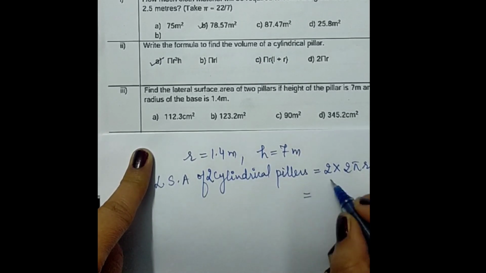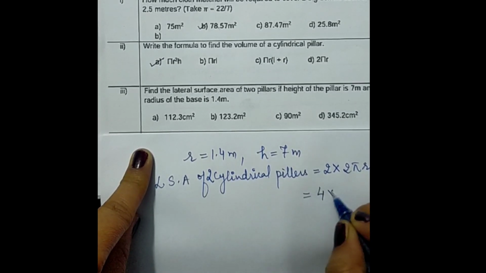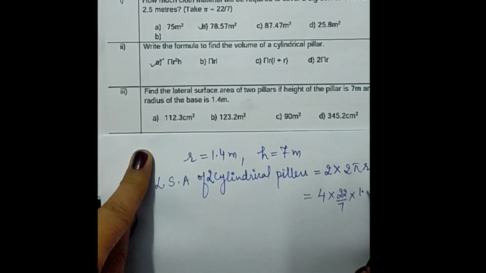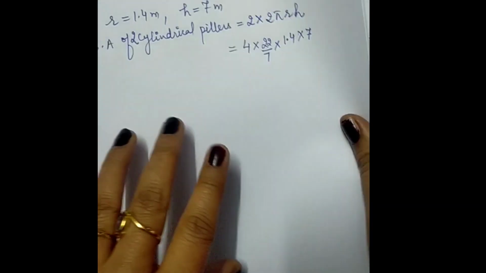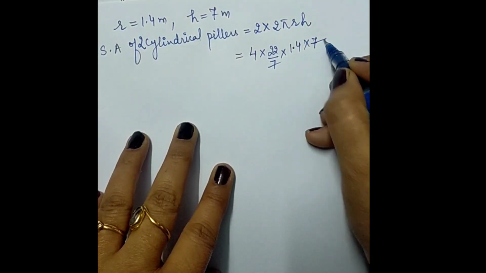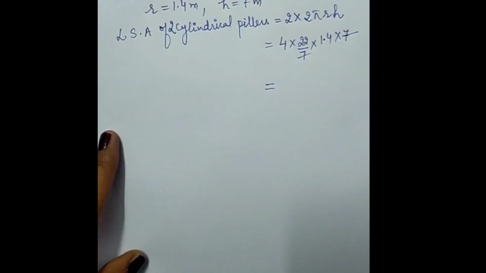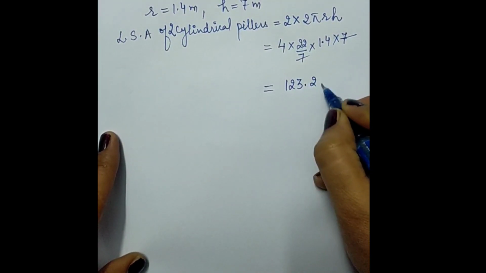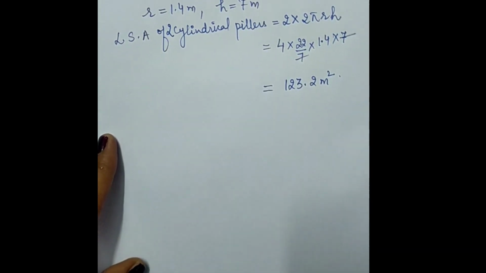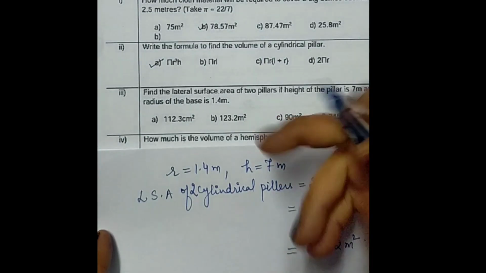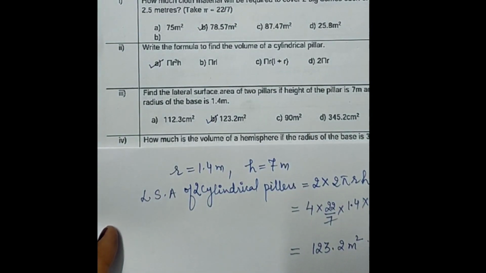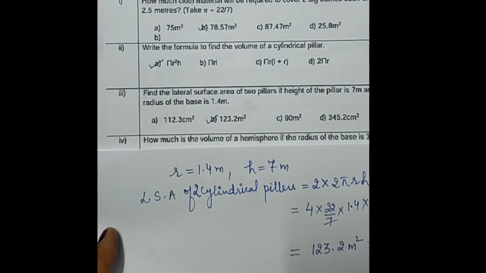So 2 2s are 4, pi is 22/7, r is given to be 1.4 and h is given to be 7. So you can see here I'm doing the calculation part. So this gets cancelled. So basically we are left with 123.2 meters square. So let's see. This is again here, B part is the right answer, 123.2 meters square.